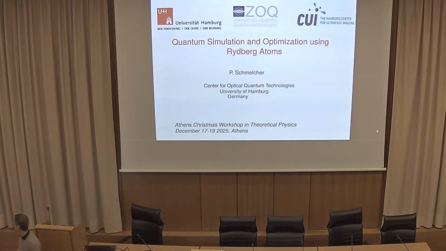After getting his PhD from Heidelberg, he held several positions, also in Santa Barbara as a postdoc. He returned to Heidelberg and held several positions there, including director of the Graduate Academy at Heidelberg, and since 2010 he's a professor in theoretical optics at the University of Hamburg. So it's a pleasure to have him here speak about quantum simulation and optimization using Rydberg atoms.